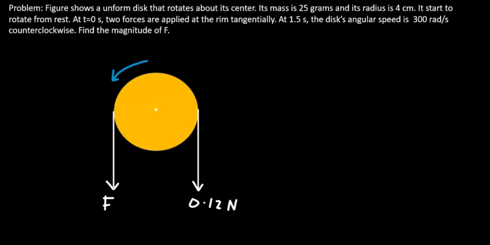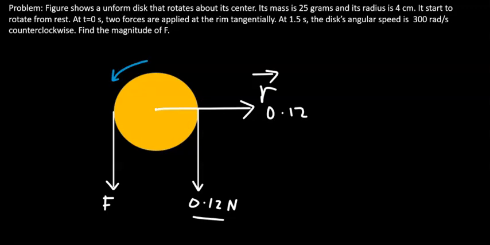Now let's analyze the directions of torques due to this force and that force. The direction of torque created by 0.12 newtons is as follows. The moment arm is going like that, remember, from the axis of rotation to where the force acts. So that is the moment arm for the 0.12 newton force.